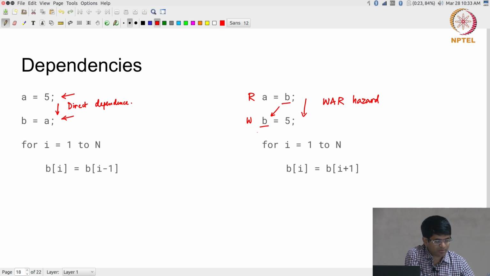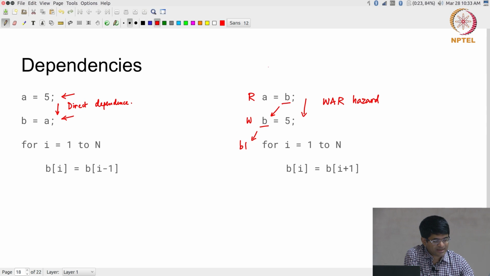Think of this as a new variable, call it B1, and use only B1 after this. If I do that, the dependency is gone. A is equal to B can happen at any time, it will take only that old value of B, and anyway I am using B1 is equal to 5 and then using B1 from there onwards, it will give me the correct behavior.